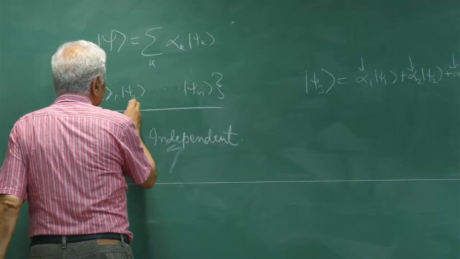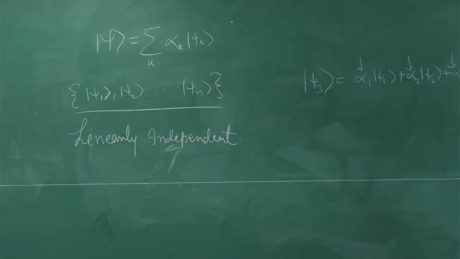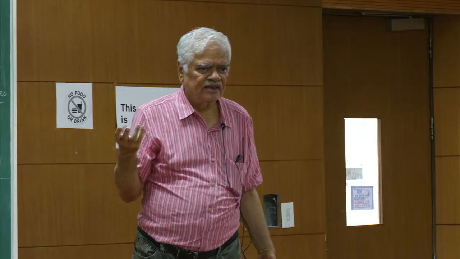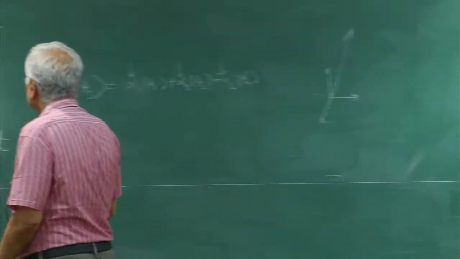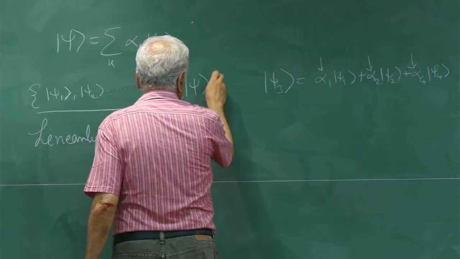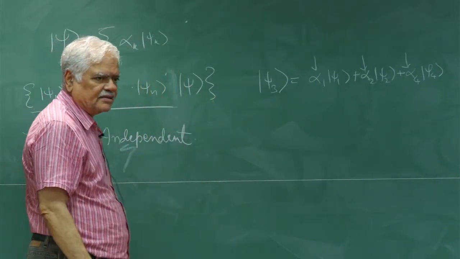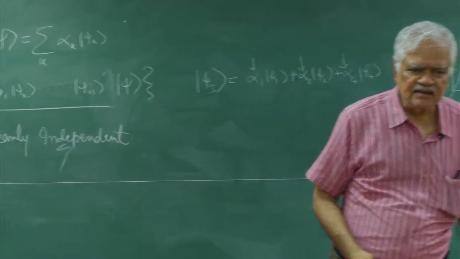Now my claim is that each basis is maximal. That is, it contains the maximum possible number of states, the largest possible linearly independent set. Why? It's very simple. Suppose I adjoin some state here and make it large.